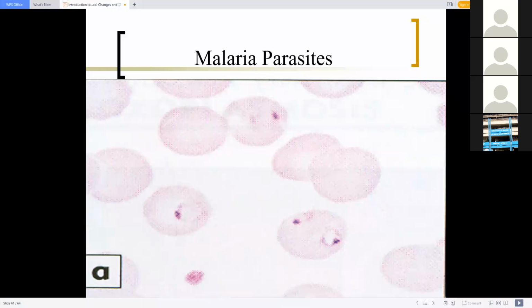So many slides are usually stained. The peripheral blood film is the gold standard for looking for malaria parasites.